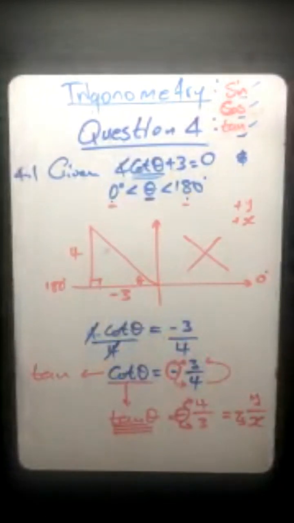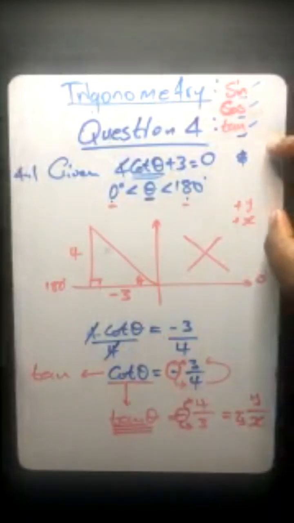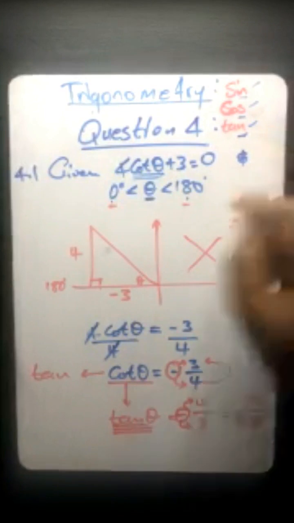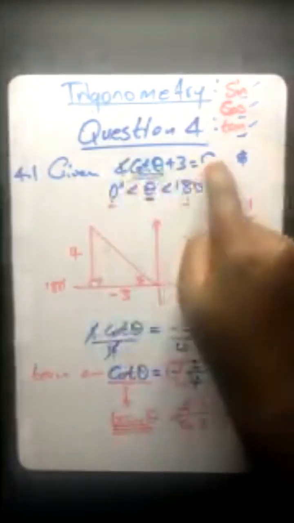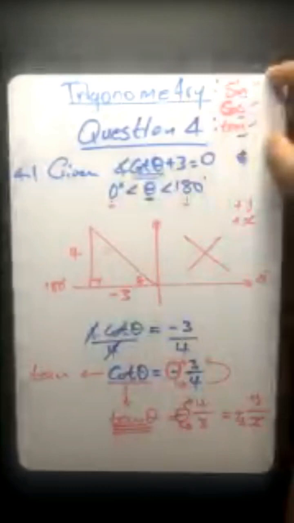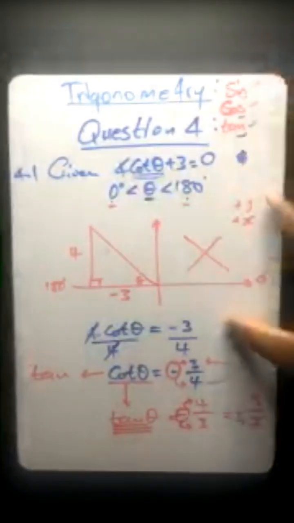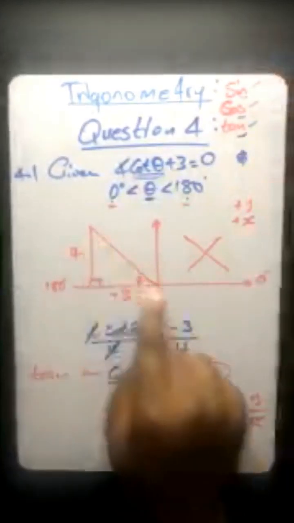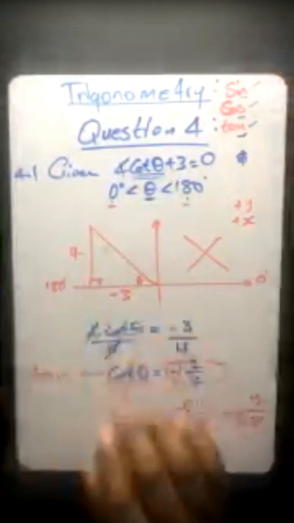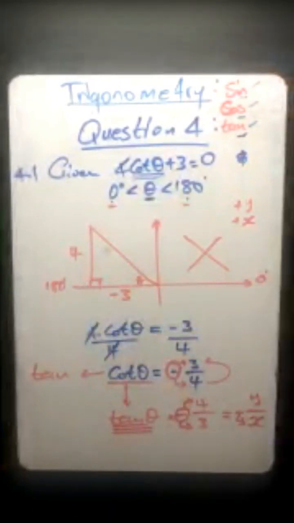Remember, guys, with this type of questions, what you need to do is to make sure that you've got whatever is given in the trigonometric ratio. And then secondly, you draw your sketch and then you complete your sketch. Once you have done that, that's when you can have a look at the questions.